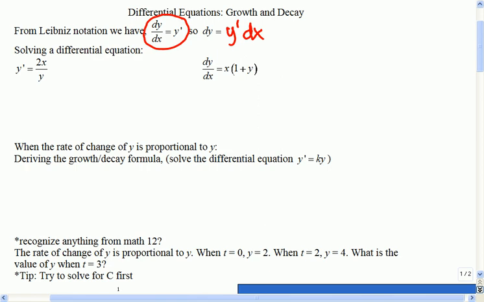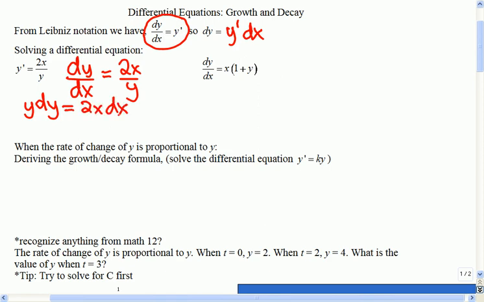For example, in this first one, what I would want to do is rewrite this as dy by dx. That notation is more helpful to us when we work with differential equations, because now I'm going to move some things around so that I have y dy equals 2x dx.